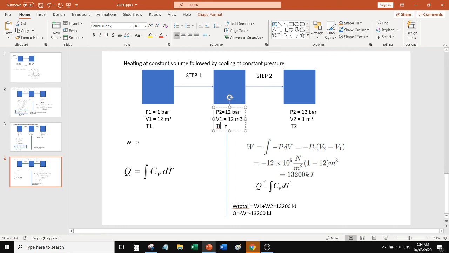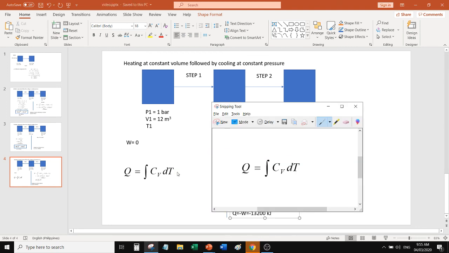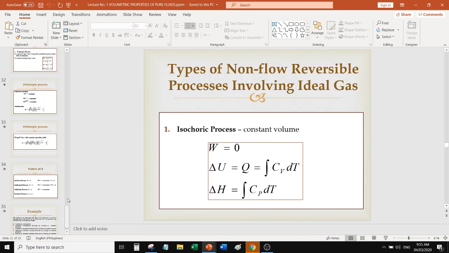So you need to get Ti. So dT here would be T1 to Ti, and dT here would be from Ti to T2. So the shortcut would be, since we know that delta U is 0 from state 1 to state 2, just get the negative of W to solve for Q. This is tiring.